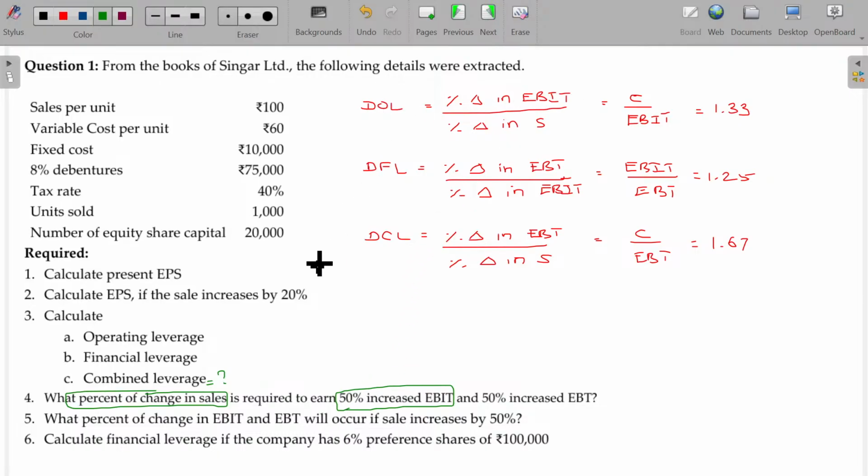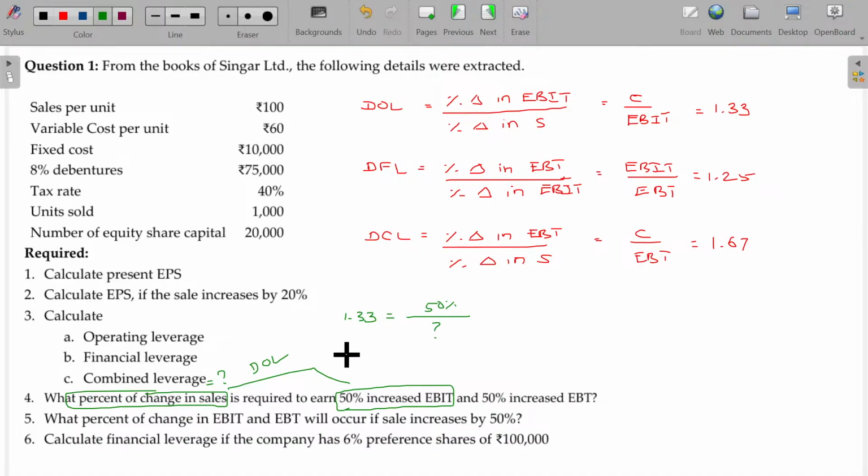Degree of operating leverage. For this you have to use degree of operating leverage, being 1.33. Percentage change in sales, the denominator, is to be calculated. Percentage change in EBIT is given, the numerator value being 50%.